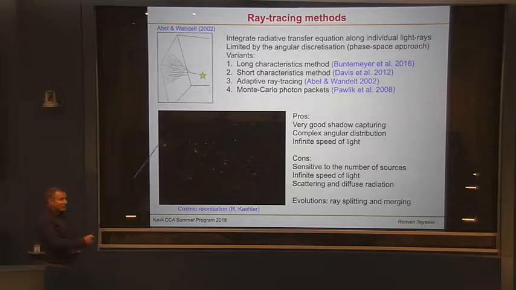And of course, you have to discretize the angular space with those light rays. And the key thing here is how do you discretize your angular domain, right? And so it's clearly a phase space method. And the phase space discretization here will play a very important role in the quality of the numerical solution.